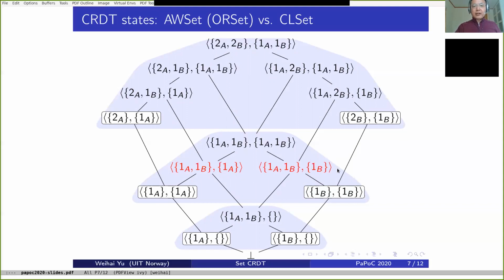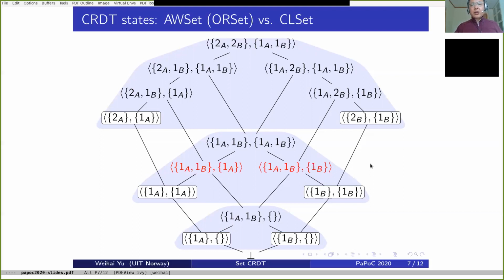The main difference is that in the add-wins set, every single addition is regarded as different. So in a state where the removal only sees some of these additions, if some additions still remain, then this element is regarded to be in the set. But in CLSet, some of these additions are regarded as equivalent. And removing one of these has the same effect as removing all of these.